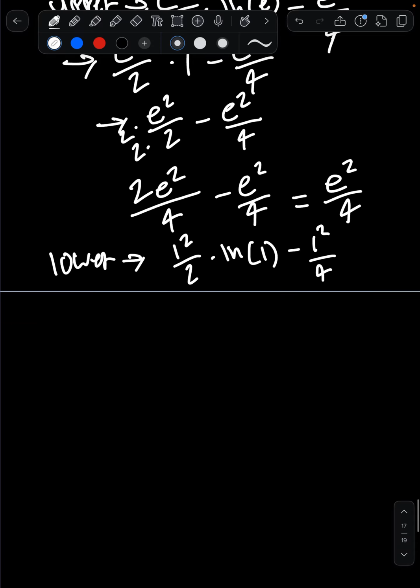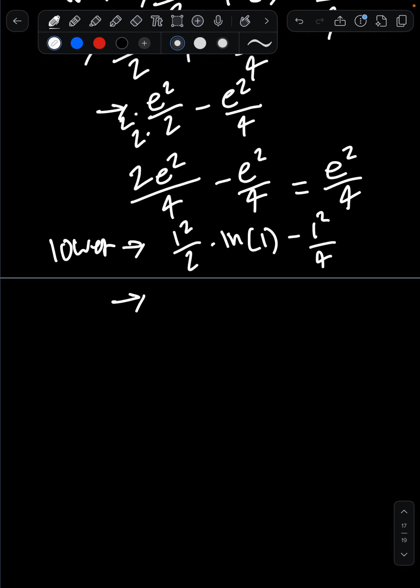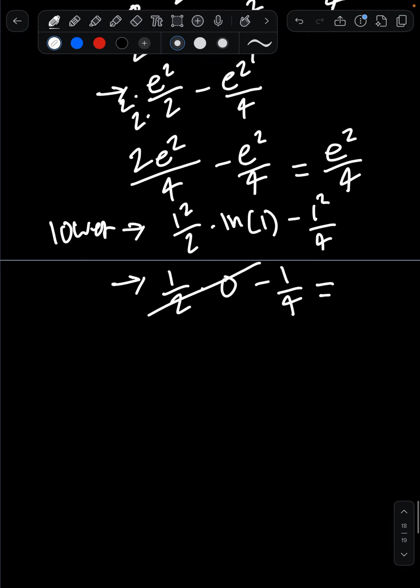Notice that the natural log of 1 is actually just 0. So we have 1 over 2 times 0 minus 1 over 4. This part of the equation cancels, and we're left with negative 1 over 4.